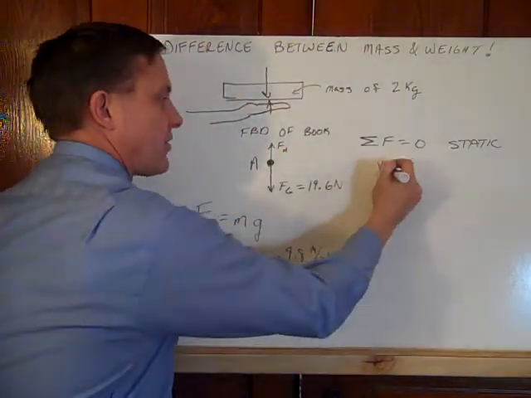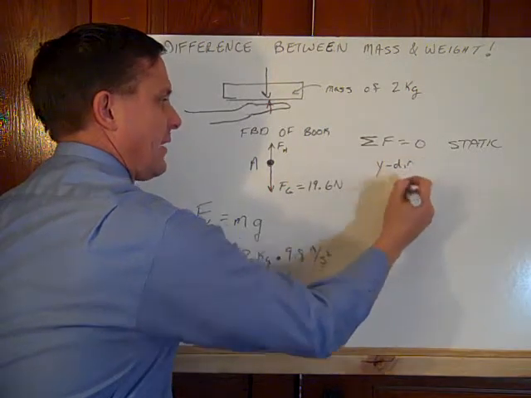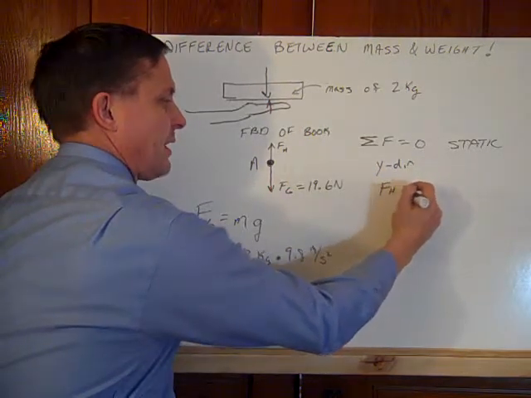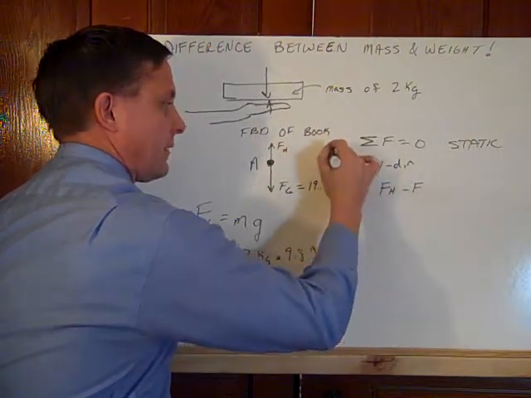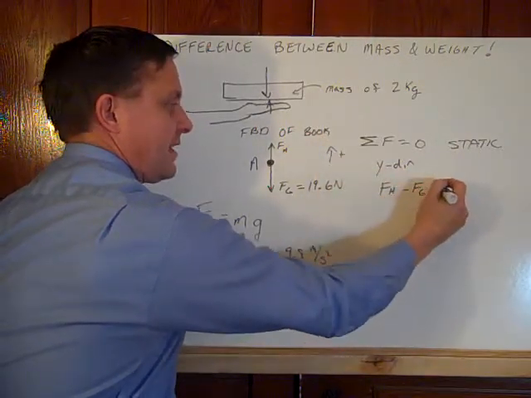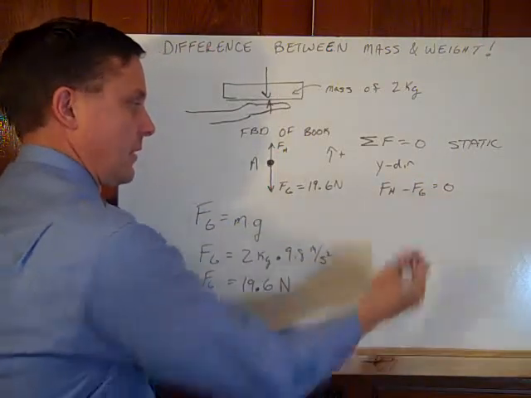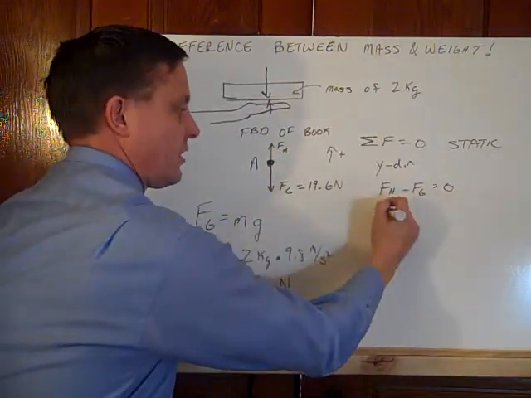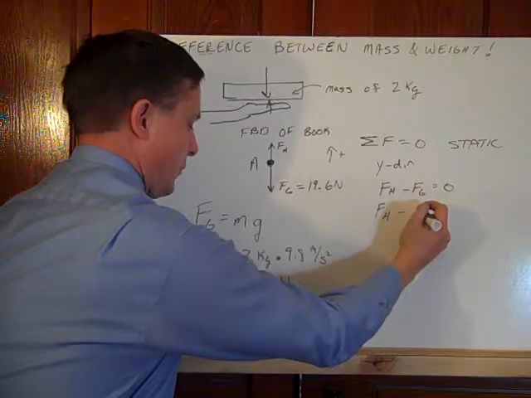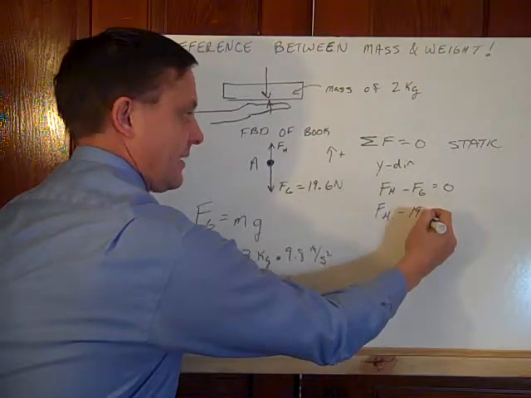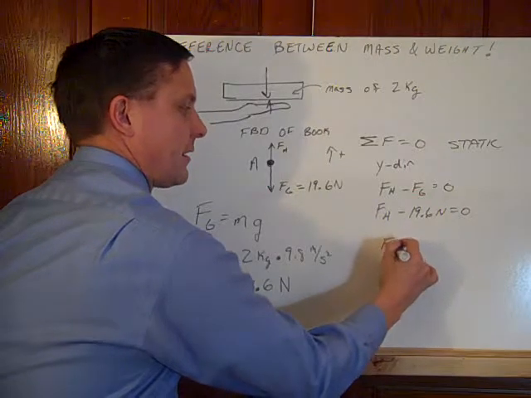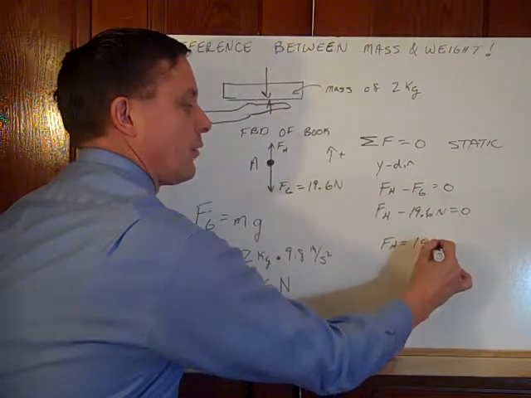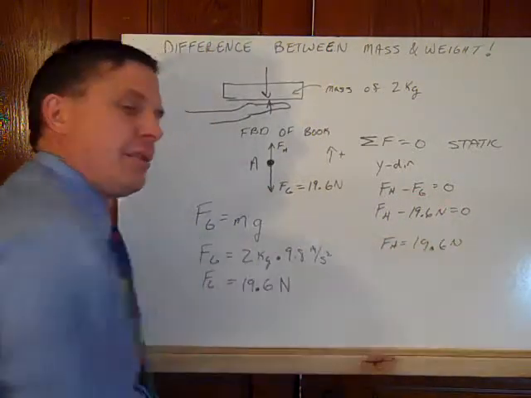So in the y direction, I know that F sub H minus F sub G, because it's down, I'm calling up positive, has to equal 0. Well, I've already found that F sub G, the weight of my 2 kilogram mass, is 19.6 newtons. Simple math. We knew the forces had to be equal and opposite.